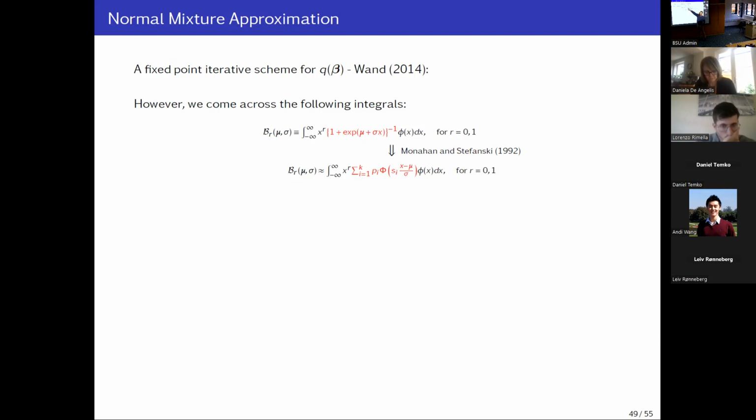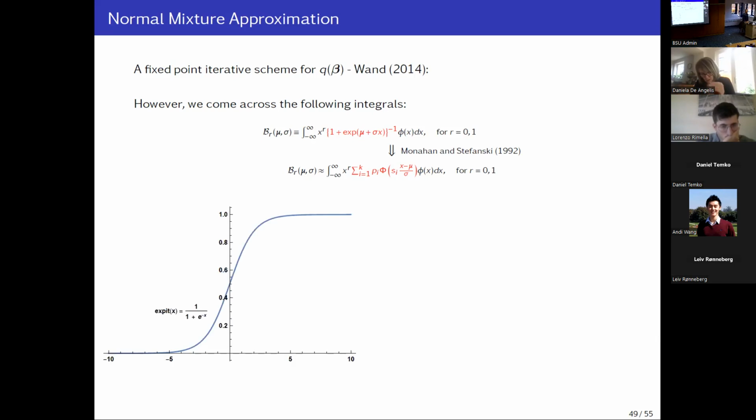But how do we get a good approximation from here to here? Oh, so it is an approximation. Yeah, it's an approximation. So the blue curve here represents this function up the top here. And this represents our Gaussian cumulative distribution function.